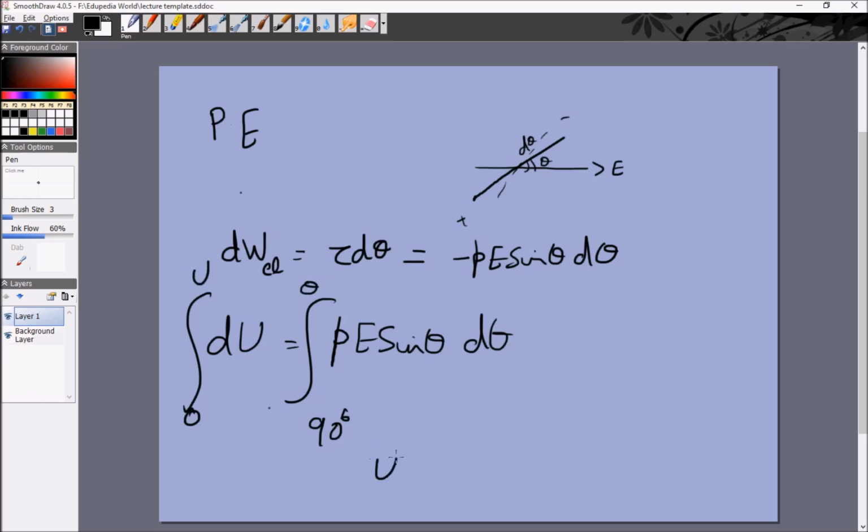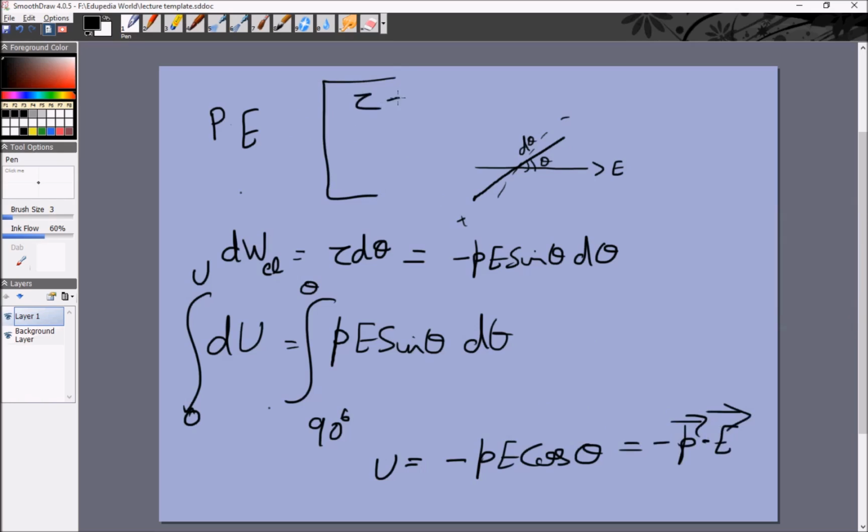So what we get is U is equal to the integral of sine theta, which will be minus cos theta, so it will give me minus PE cos theta, which can be written as minus P dot E. So we got the torque as P cross E for a dipole placed in a uniform electric field, and the potential energy is minus P dot E.